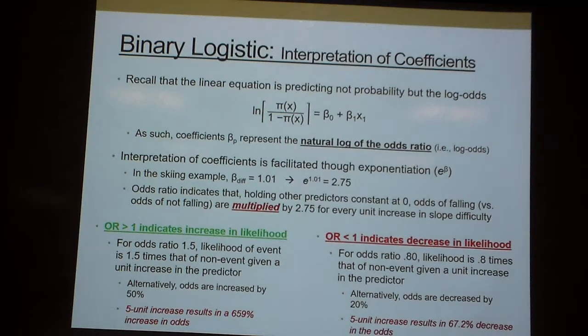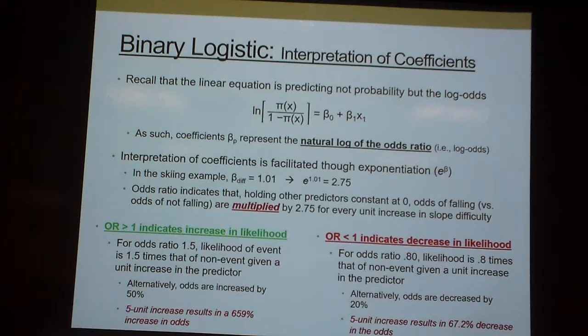But if you wanted to really emphasize that, no, this is a decrease in the likelihood of this happening, what we can do is talk about this as a percentage decrease, right? So if we're talking about odds ratios in terms of likelihood, we're not talking about an increase or decrease in likelihood of odds. We just say what the odds are. But if we want to talk about it in terms of increasing or decreasing, we can take that odds ratio, subtract it from 1, and then interpret it as a percentage.